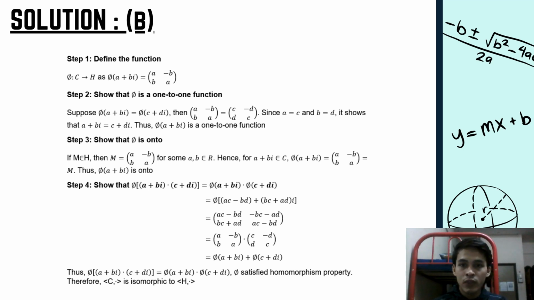Thus, phi((A plus BI) multiplied by (C plus DI)) is equal to phi(A plus BI) multiplied by phi(C plus DI). Therefore, phi satisfies the homomorphism properties, so that C dot is isomorphic with H dot.